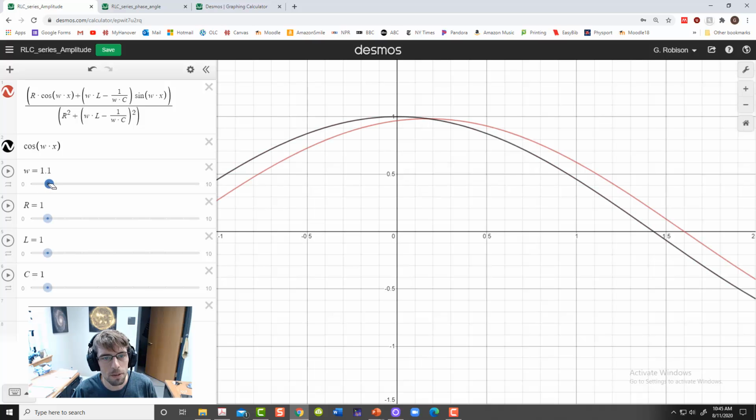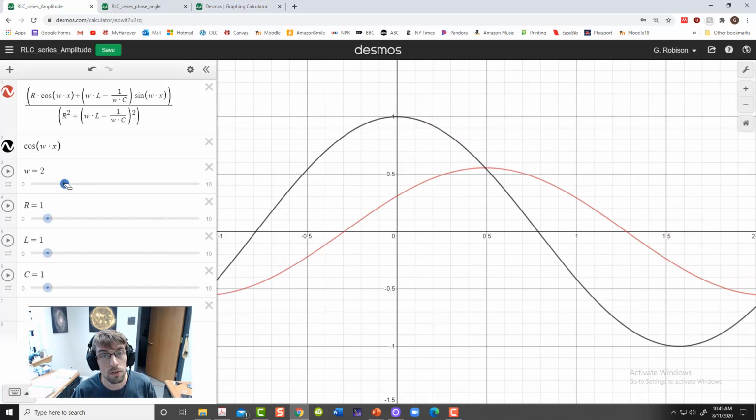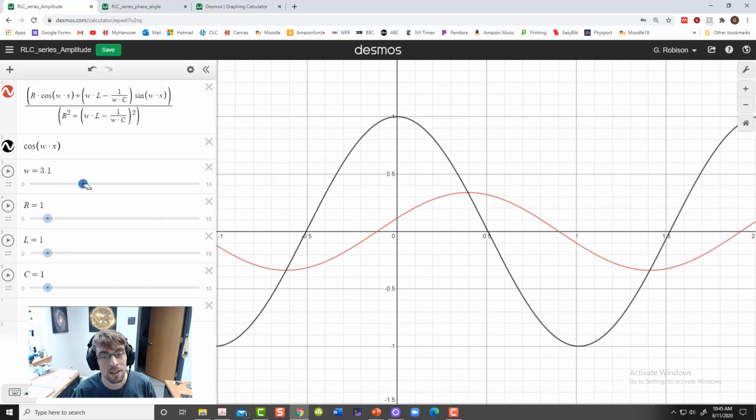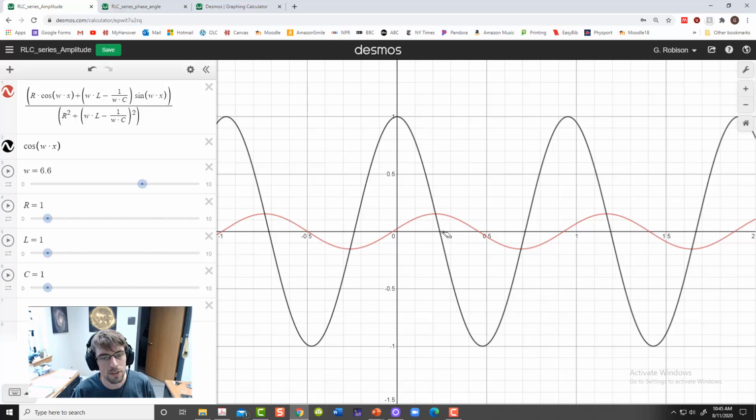And then we can keep going, and as we increase again, we notice it gets shifted to the right now, further and further out of phase, until finally you can see that when the potential is 0, our current is at a maximum. And so now it's shifted pi over 2 radians out of phase again.